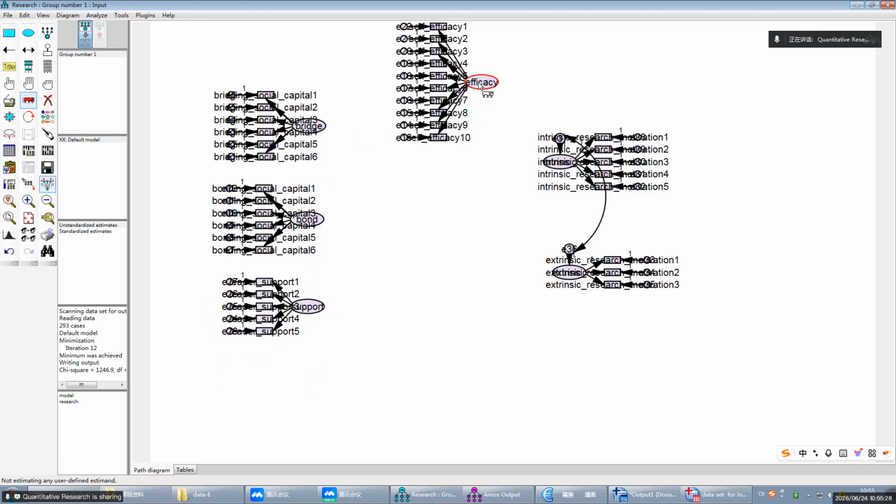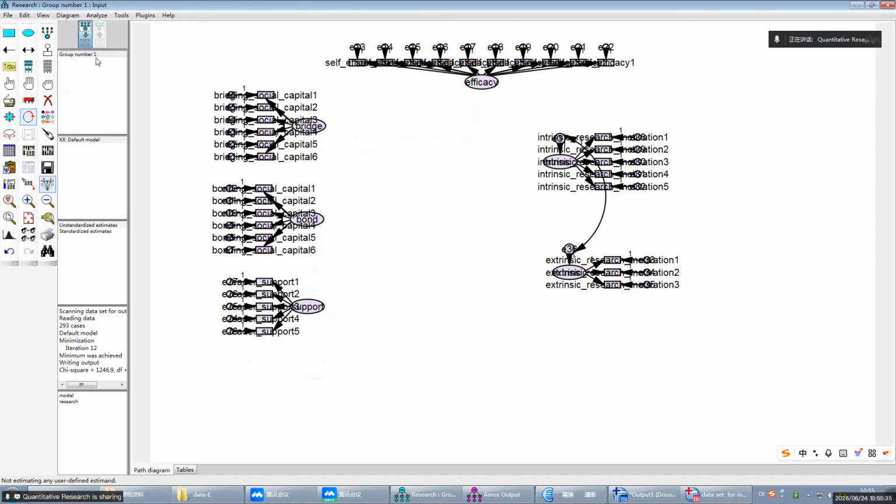Efficacy, mediator. So now the model changed. We use predictors pointing to mediators, right? And we use mediator pointing to outcomes.